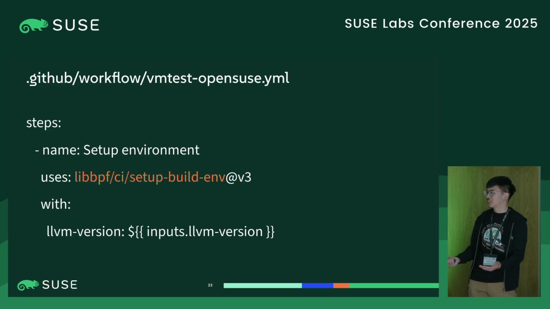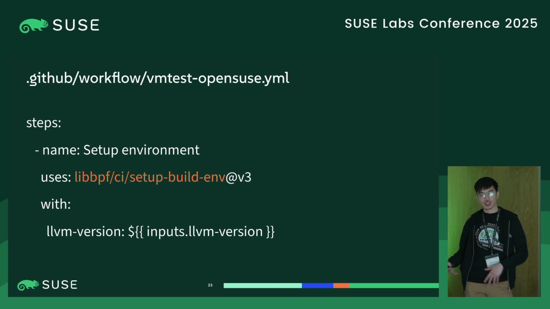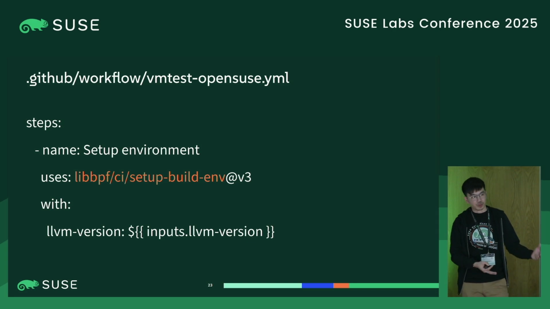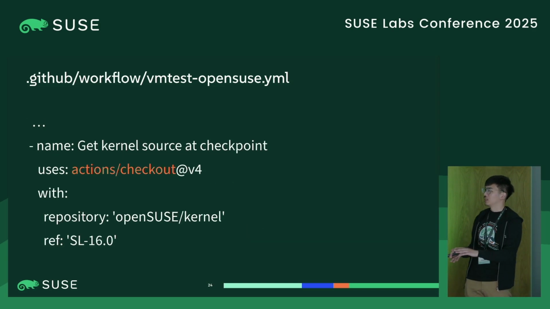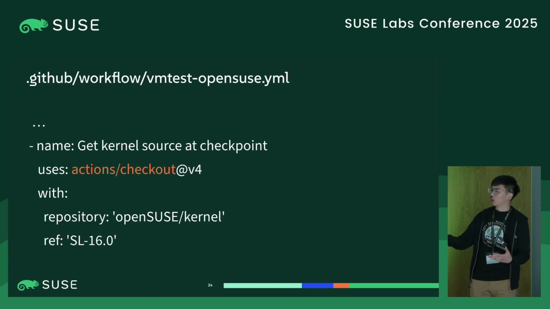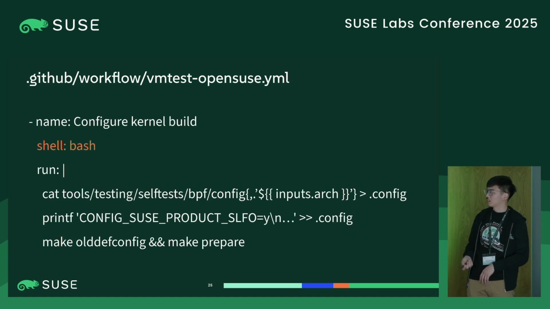The thing is very simple. The first step is to set up the environment and install all the dependencies, which has already been figured out by the BPF upstream. So I'm using the libbpf CI setup build environment action to do all the heavy lifting. I actually don't know what it does, but it does work well. After you set up the environment, I have it clone the openSUSE expanded tree on GitHub and, as you can expect, configure the kernel.